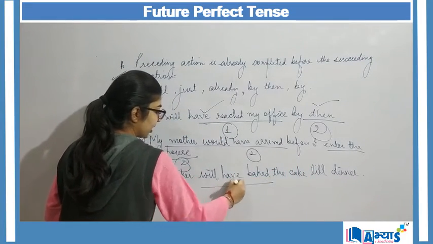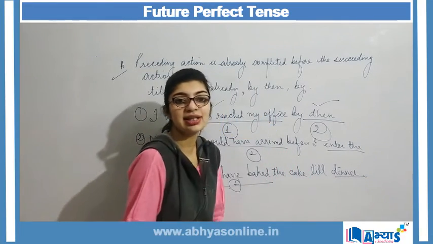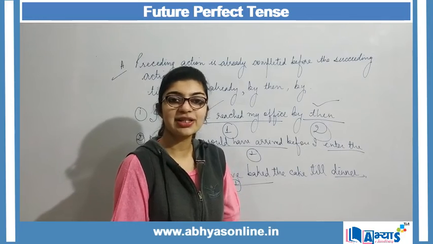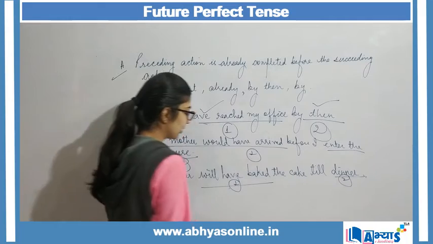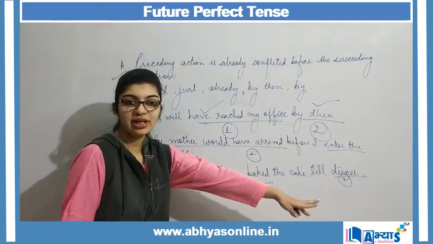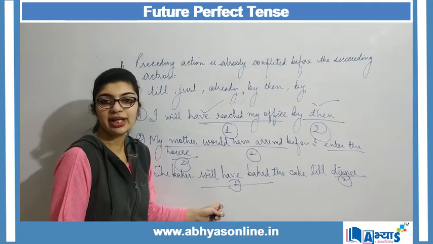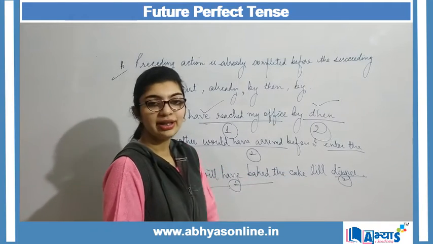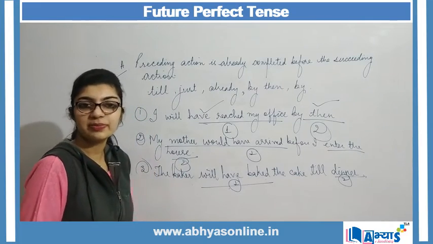Now will have baked is my first action and till dinner. Dinner is again dining, and dining is my verb. Verb means action. So this is my second action. Now before dinner, my cake should have been baked. That means that this event will take place first, followed by my dinner. So this is the first application of future perfect tense.